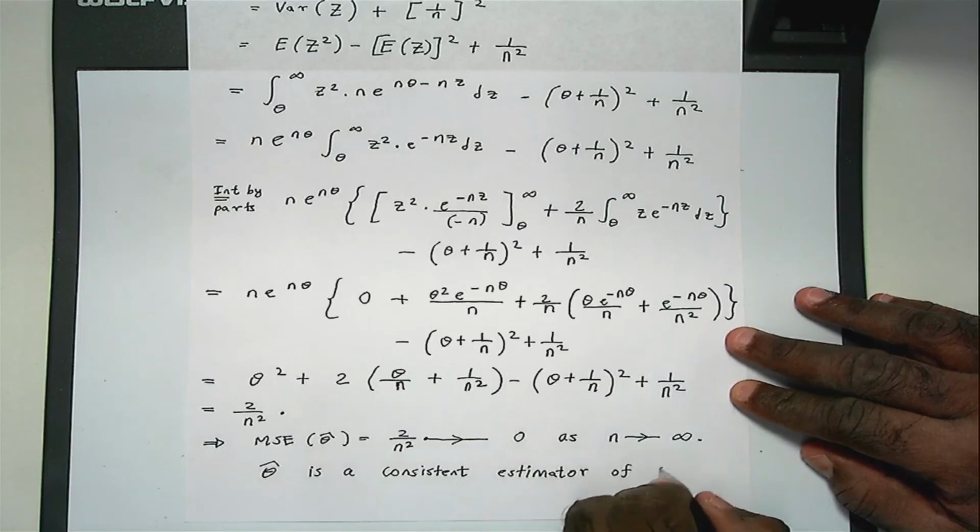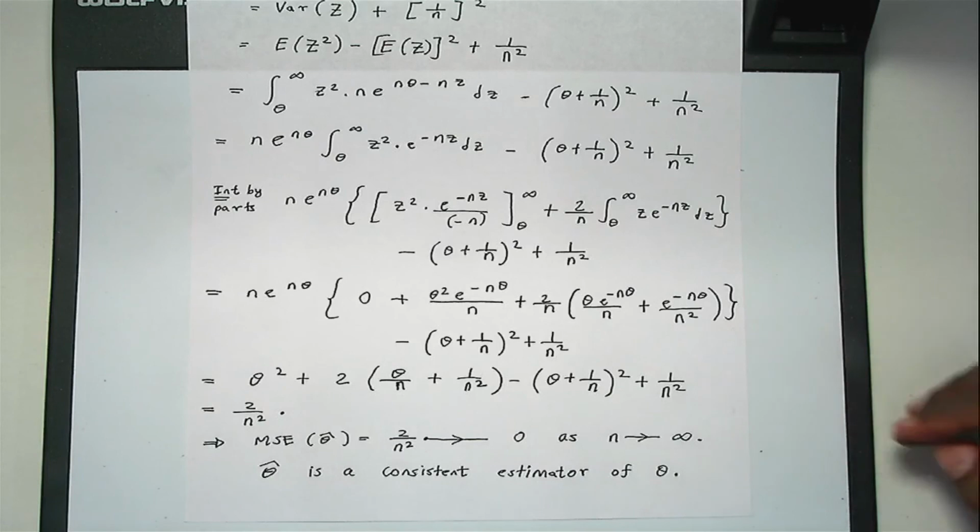All right, this is not difficult, but it's a lot of calculations in this example. But apart from that, it's not so difficult. So in this example, we have shown that theta hat is a biased estimator, but it is asymptotically unbiased. But a good thing is that it is also a consistent estimator of theta.